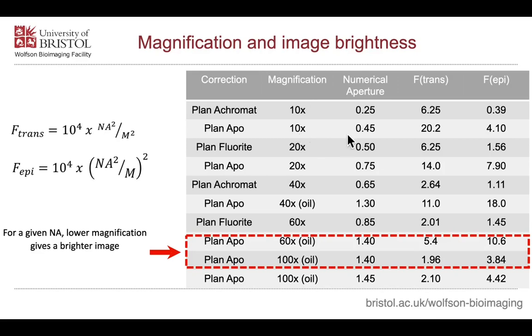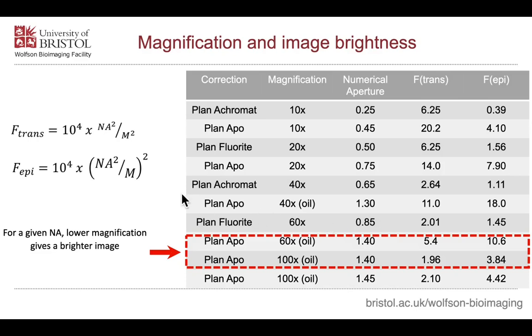So 10 times, normally you don't get above 0.5 NA. 20s, you're talking about 0.5 up to about 0.9, generally speaking. 40s from about 0.6 up to about 1.2, 1.3. And then 60 and 100, you can get up to about 1.4, 1.45 NA. So remember, the numerical aperture is the resolution defining element. As the NA gets higher, your potential resolution will increase.